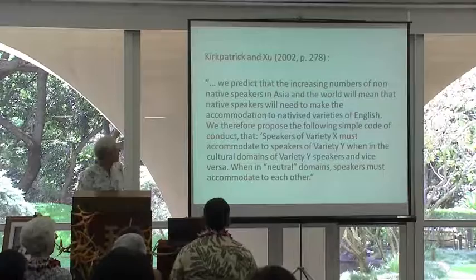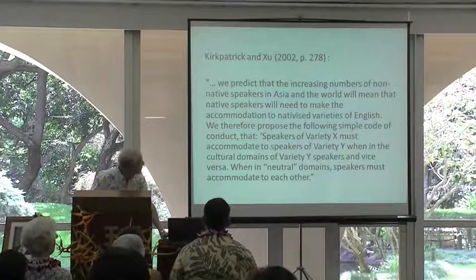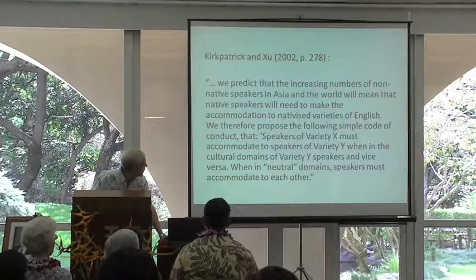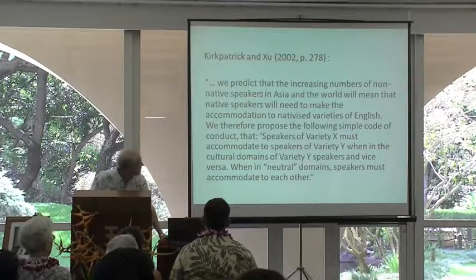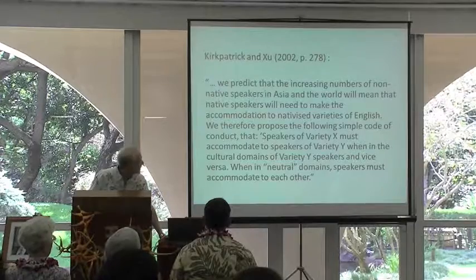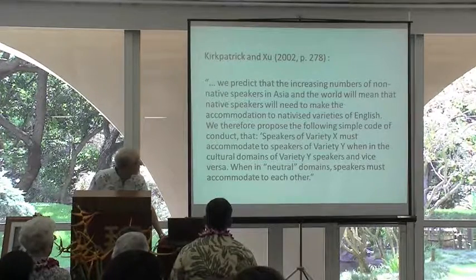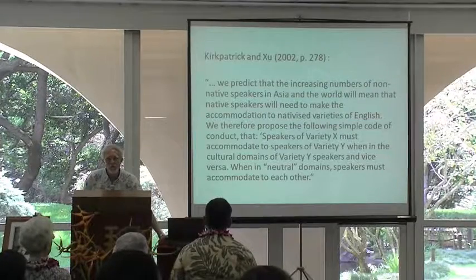We therefore propose the following simple code of conduct, that speakers of variety X must accommodate the speakers of variety Y when in the cultural domains of variety Y speakers and vice versa. When in neutral domains, speakers must accommodate to each other.